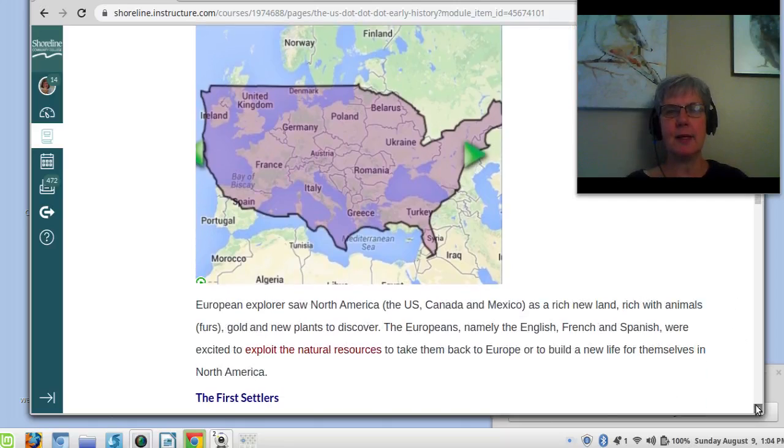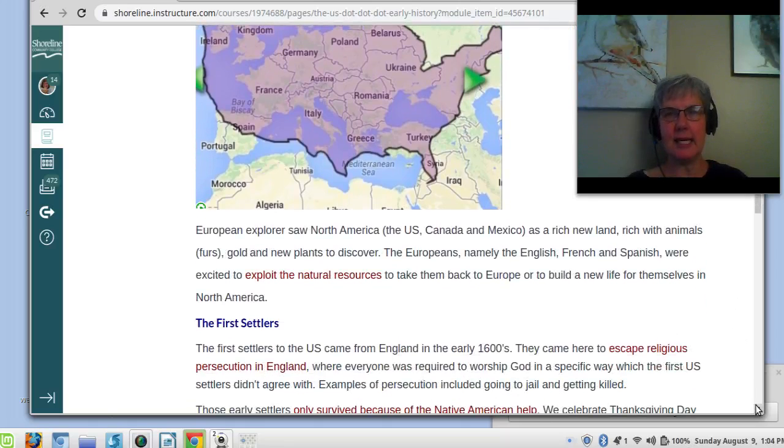European explorers saw North America, the US, Canada, and Mexico as a rich new land, rich with animals, so they could use the fur and sell it in Europe to make a jacket.